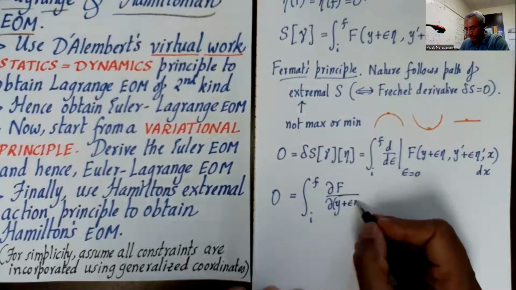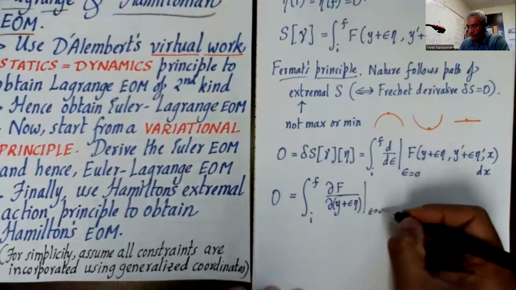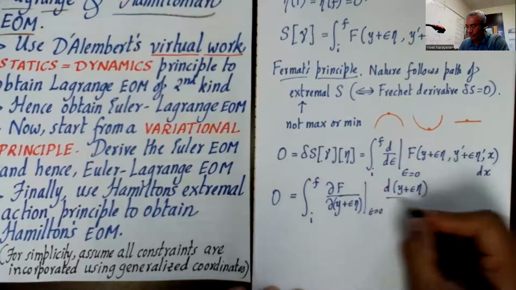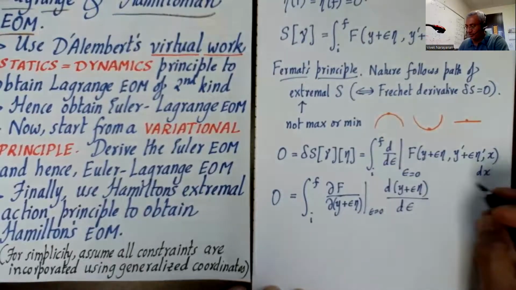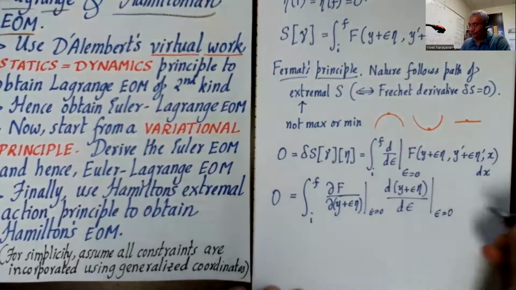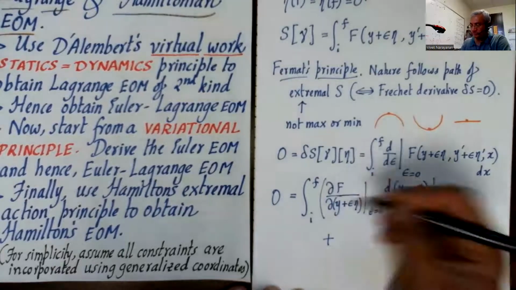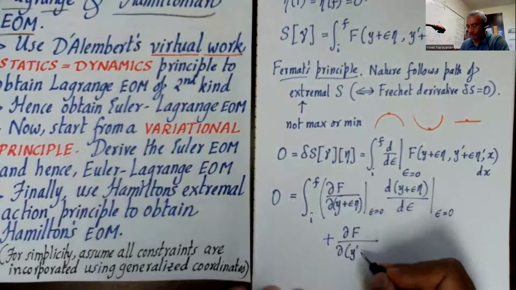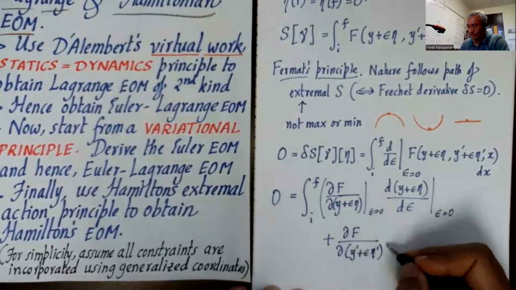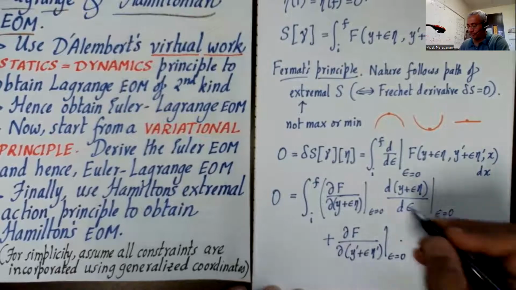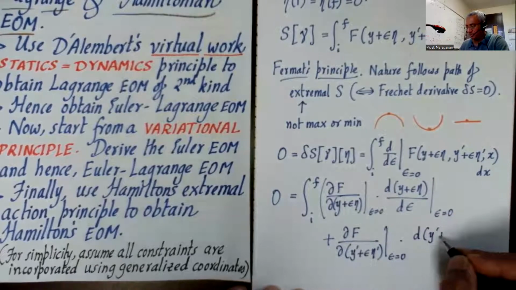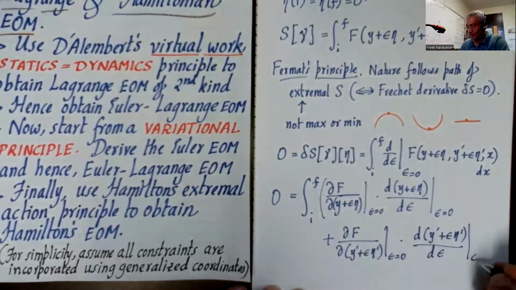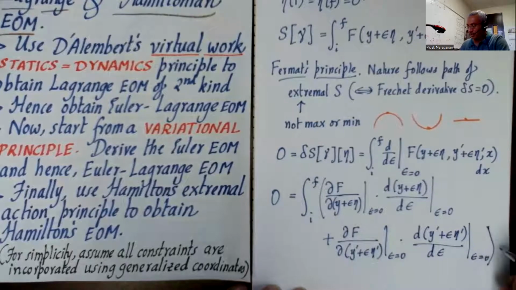That's what I really have at epsilon equal to zero, plus del F over del y prime plus epsilon eta prime evaluated at epsilon equal to zero times d of y prime plus epsilon eta prime over d epsilon evaluated at epsilon equal to zero, times dx, the whole thing.